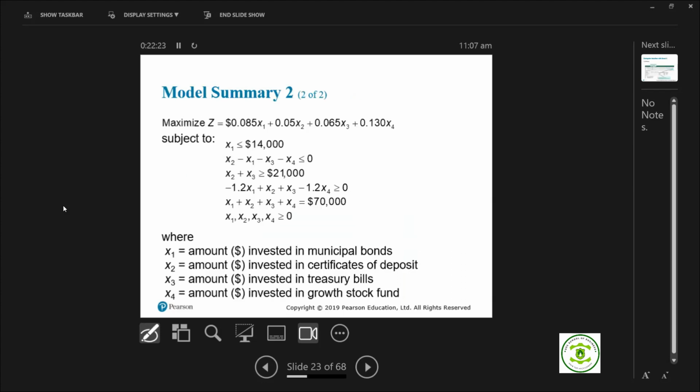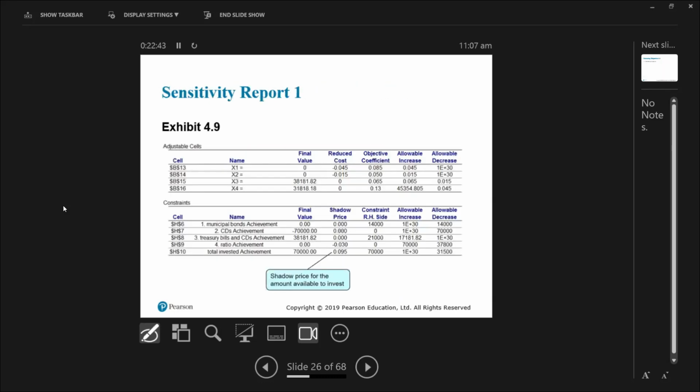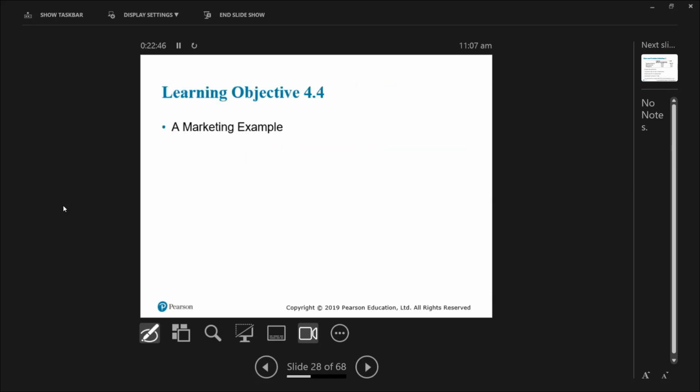And this one has up to X4. It is an investment example, so go through that. I think I've given you exhibit 4.7. You can follow that to do this one. I will not return to it again.